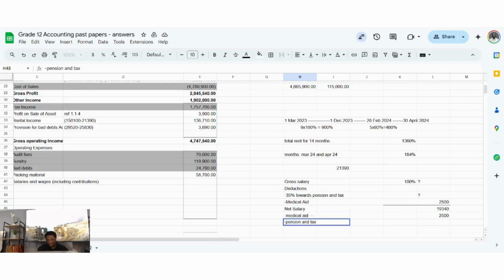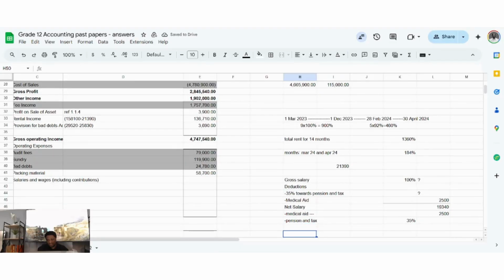But we can't really put a rand amount there, but we know that it is 35%. If we were to add back the medical aid, we would get the net salary before deducting medical, pension and tax.